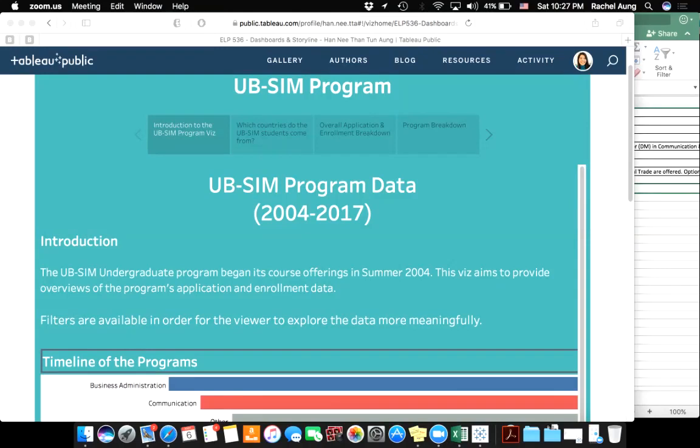Tableau was very easy to use. I think it was quite intuitive and I just had to drop the data and it gave me so many different options to visualize it. And I liked how it had a lot of formulas. So even if I didn't have the exact calculations, I could have Tableau actually calculate things for me.